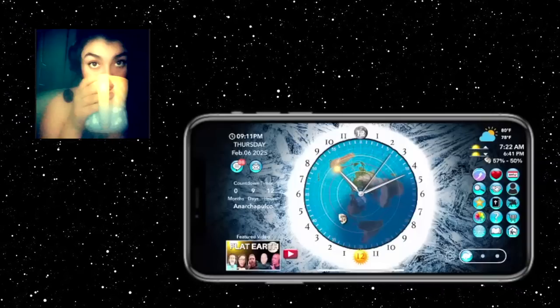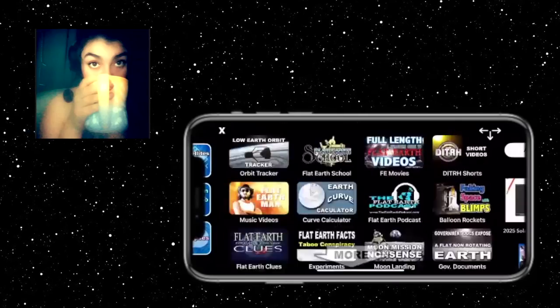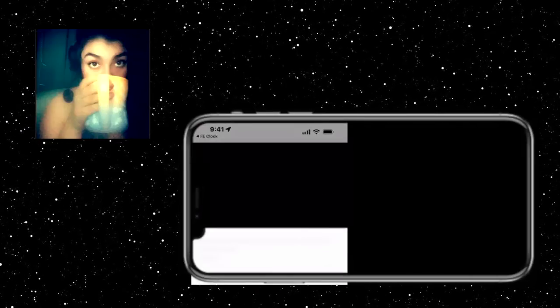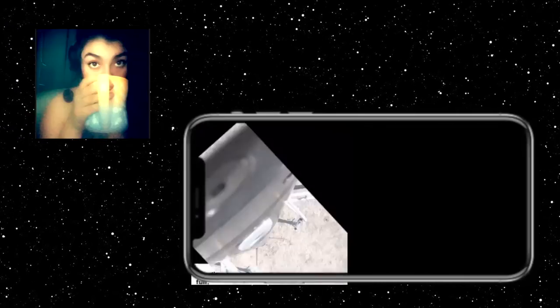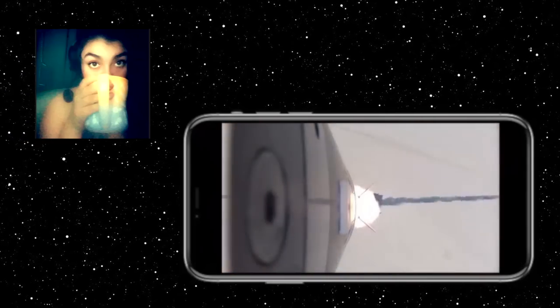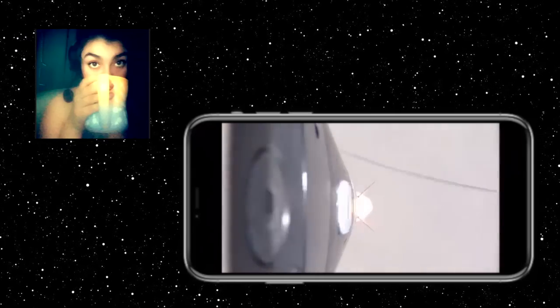This is the more resources section, and there's a video. Let me see if I can get that to work. This is called the Go Fast rocket. It was an amateur rocket that went up 72 miles.